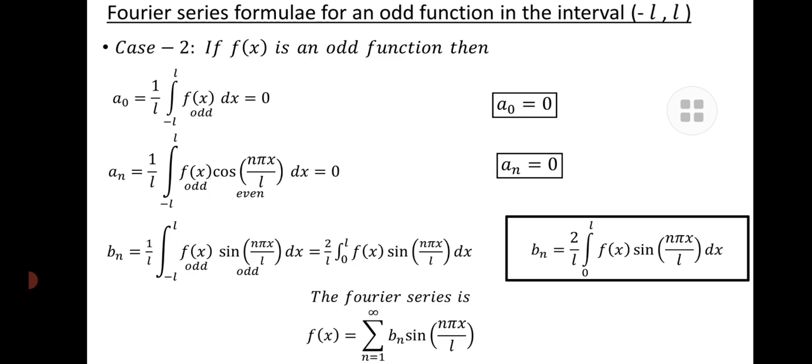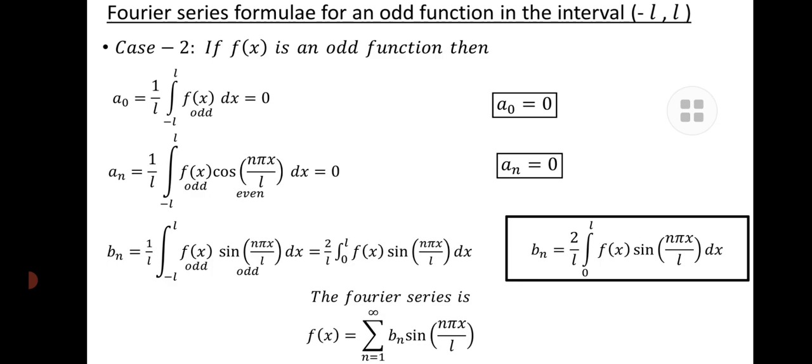Knowing the property of the product of even and odd functions, the integral of the product of an odd and an even function is equal to 0, so a n is 0. The coefficient b n contains both f of x and sin x, which are odd, so how does the integral change?